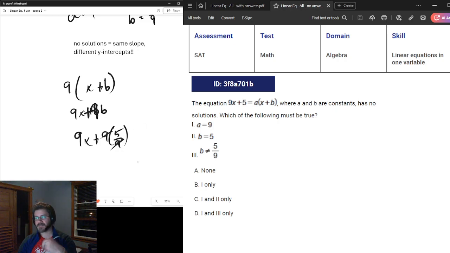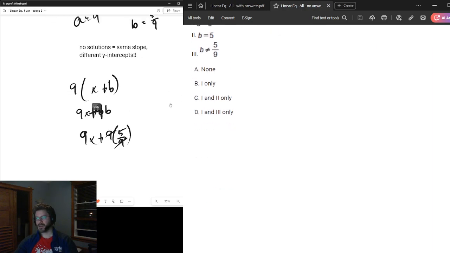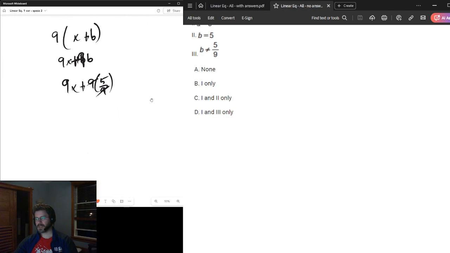We don't want these to have infinite. We want them to have none. So B cannot be 5/9. Otherwise, they have infinite. B could be 5. It does not have to be 5. So 2 is not included in our answer. All right, what do we got here? That was 53.